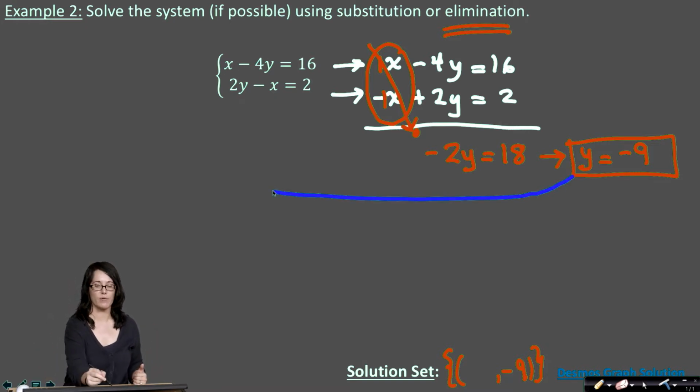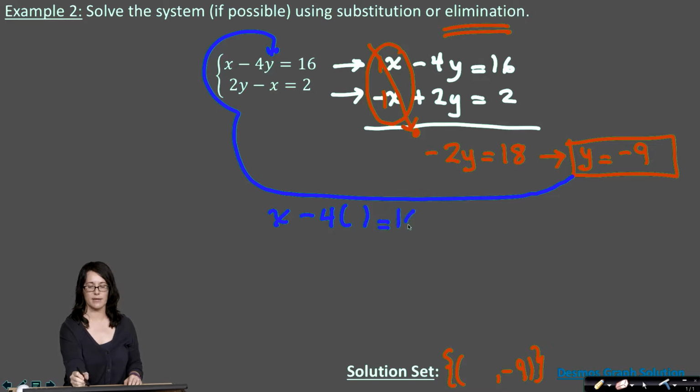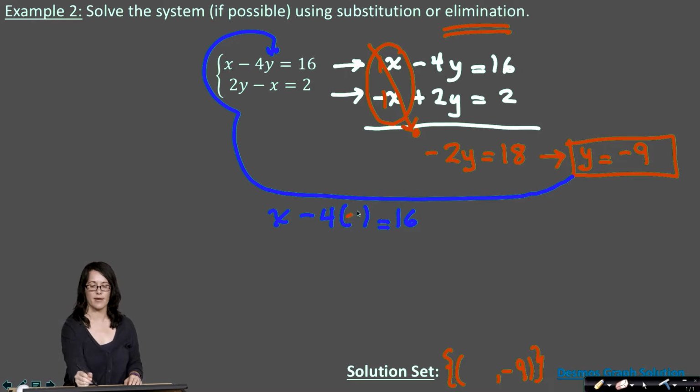So I'm going to plug in my y value, let's say, into the first equation. You could have done either one. If you plugged it into the first equation, I get x minus 4 copies of y, I use parentheses for the unknown, equals 16. And y we've just found to be negative 9.